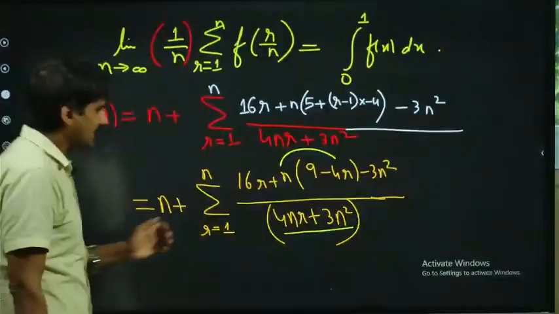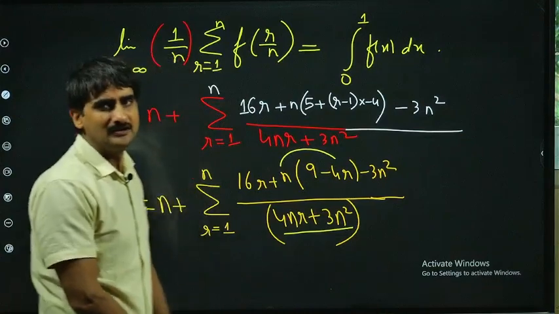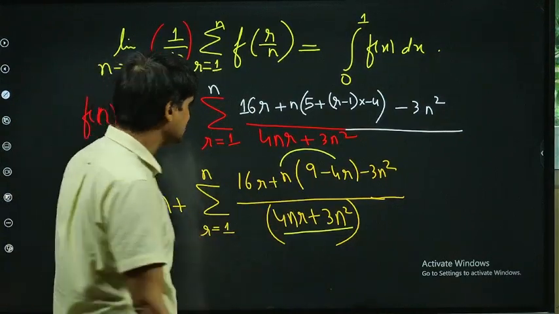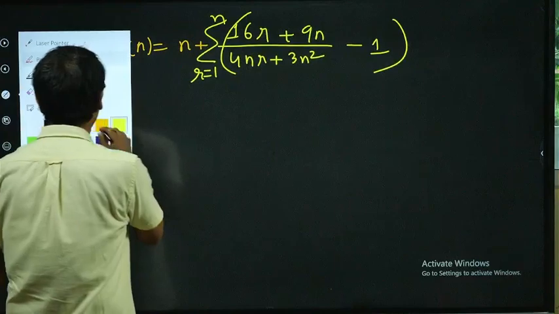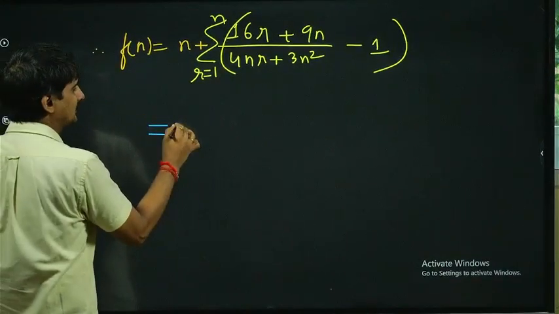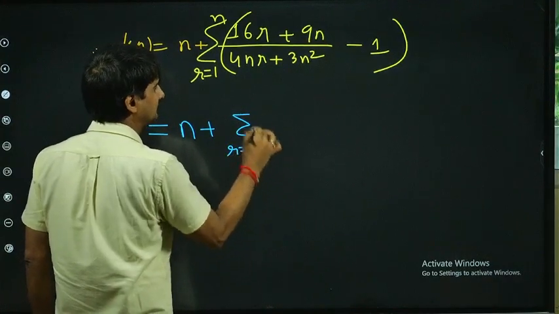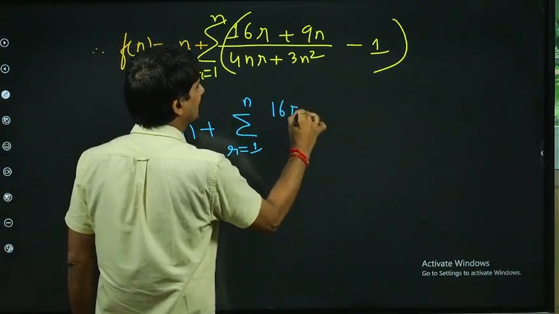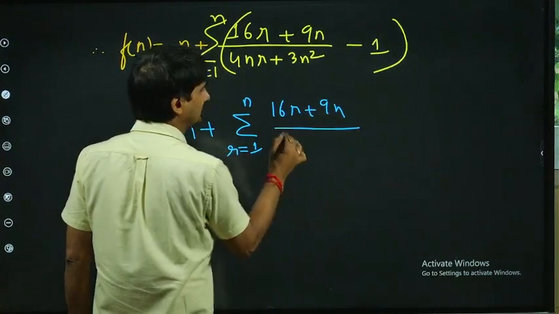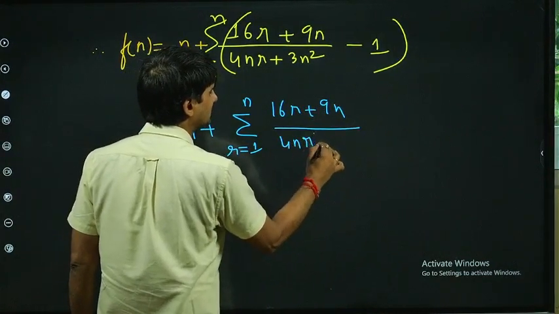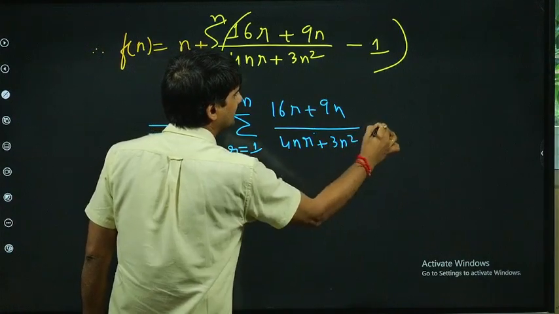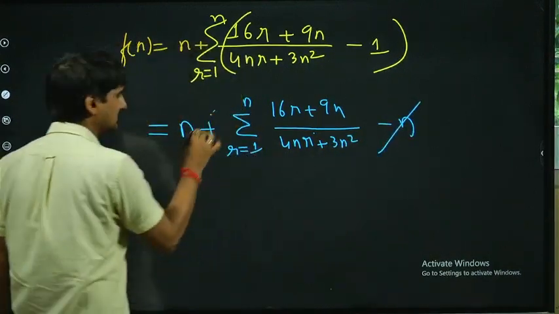Because what I did, I just wrote it as minus 4nr minus 3n square upon this, which gives us minus 1. So now I will just open it. So this is nothing but n plus summation, r goes from 1 to n, 16r plus 9n upon 4nr plus 3n square, and then this is minus n, and this gets cancelled.